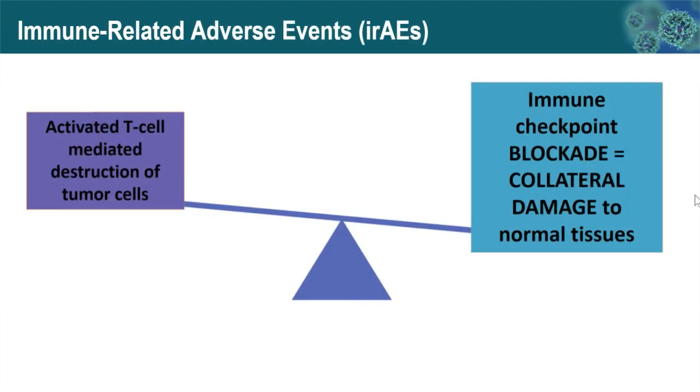Immune-related adverse events occur when there is an imbalance between the T-cell mediated destruction of the tumor cells, which is required for the immune checkpoint inhibitors to actually destroy the tumor cells, and an immune checkpoint blockade. When there's an imbalance between the two, there is significant collateral damage to normal tissues.